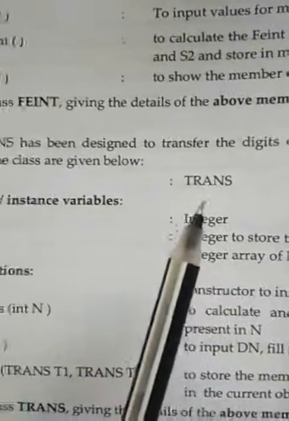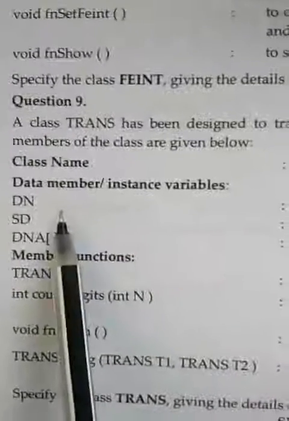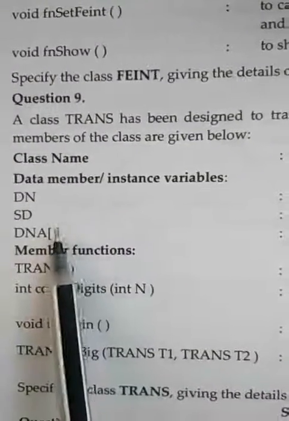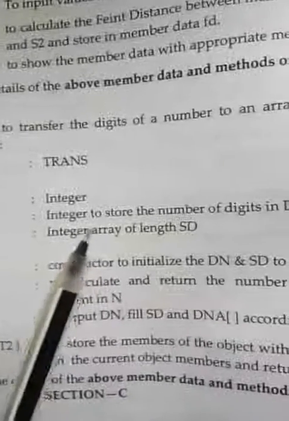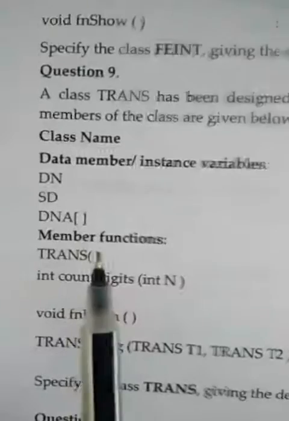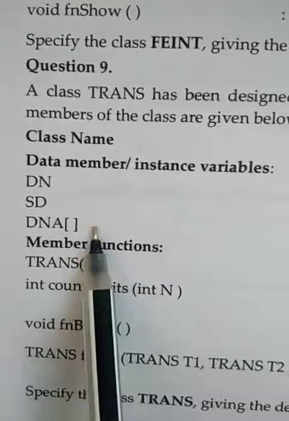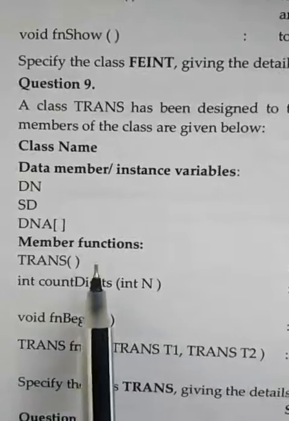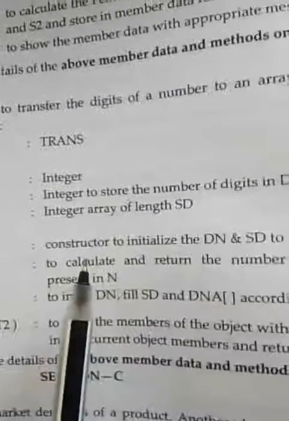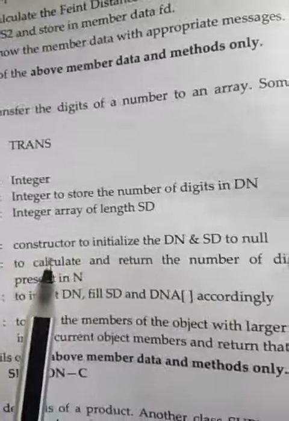The name of the class is Trans. dn is for the number, sd is an integer to store the number of digits, and finally dna is the array for storing the digits. In the Trans constructor we have to initialize the data members dn and sd to null.